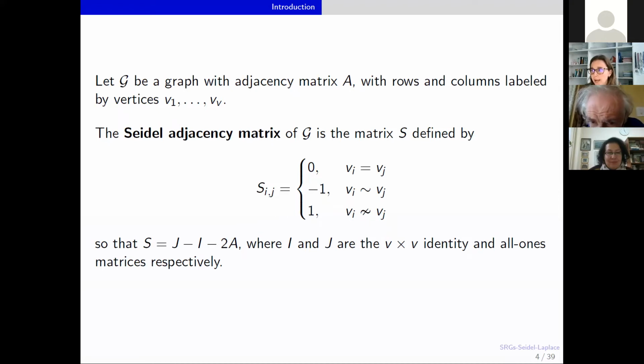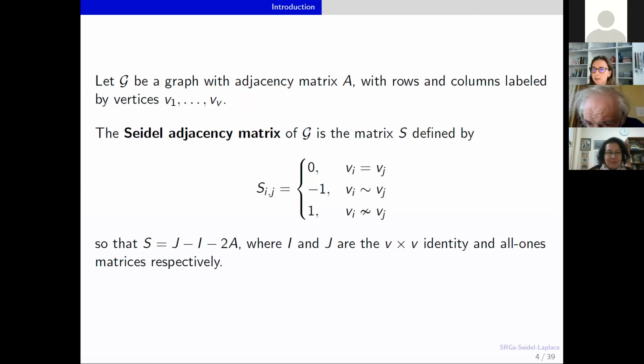Okay, so actually the Seidel matrix can also be defined in this way. If you take the all-ones matrix J, the identity matrix I, and the adjacency matrix A of a graph, and put them in this formula, you get the Seidel matrix of the graph.